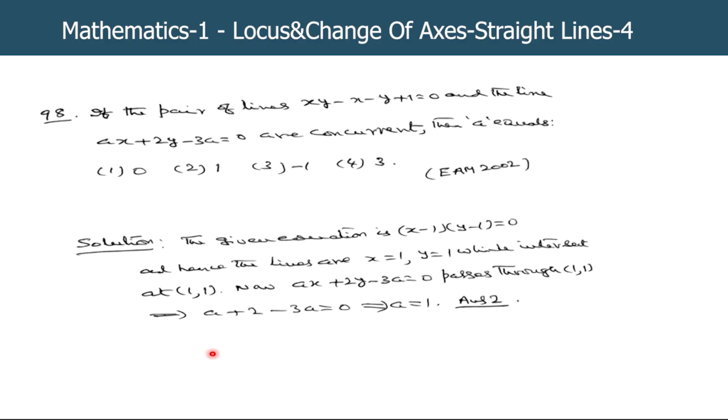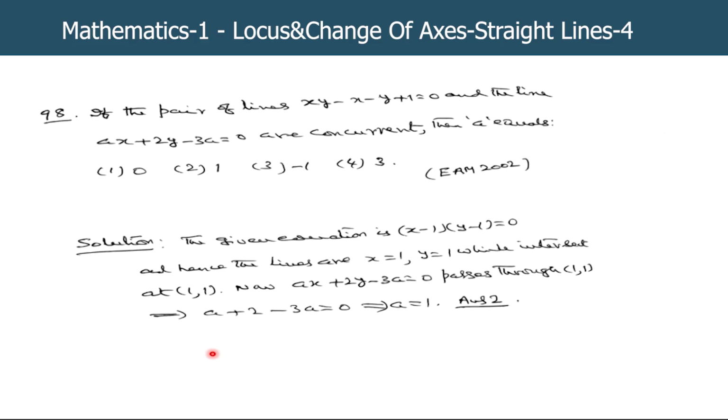See, the given equation xy minus x minus y plus 1 equal to 0, if you factorize it, that is simply (x minus 1) into (y minus 1) equal to 0. So, therefore, the given lines are x minus 1 equal to 0, y minus 1 equal to 0 and ax plus 2y minus 3a equal to 0. And x is equal to 1, y is equal to 1 intersect at the point (1, 1).